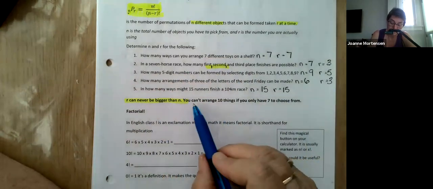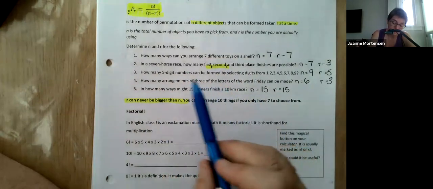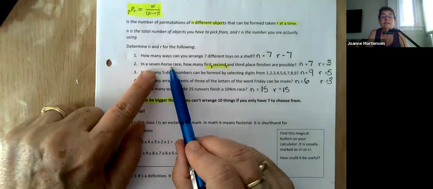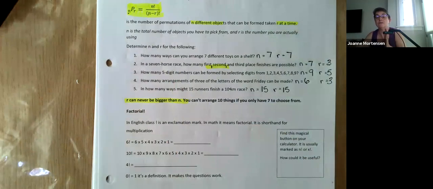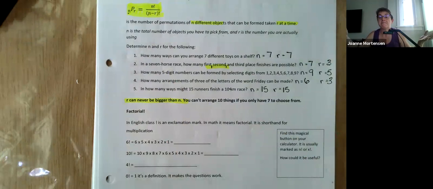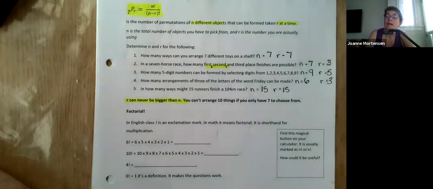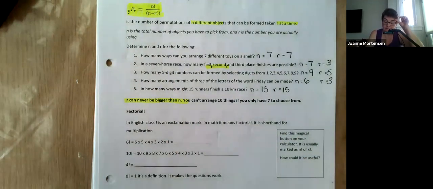So for example, if you have this 7-horse race, there's 7 horses racing. You can't have placement for the first 10 horses, because you're going to get through 7 and then who's going to go in 8, 9, and 10? There's nobody left, right? So N is always going to be the bigger of the 2.